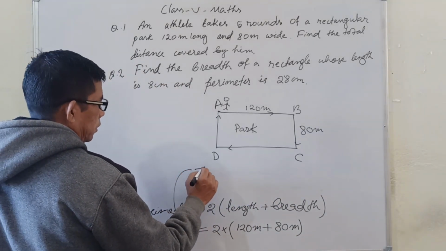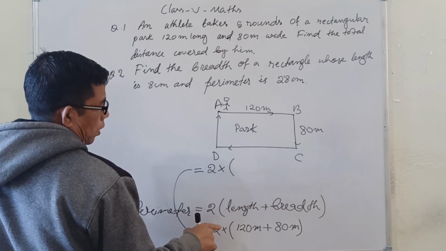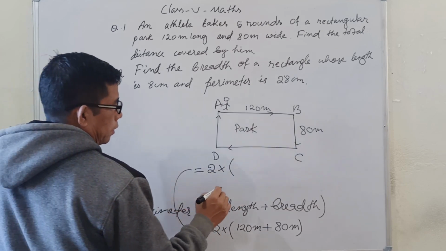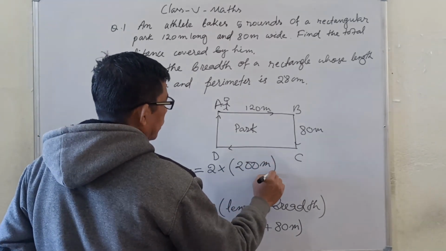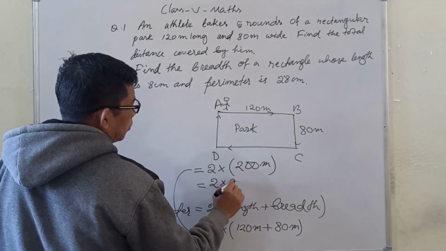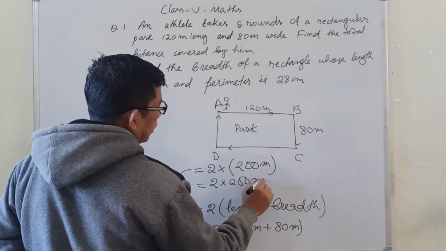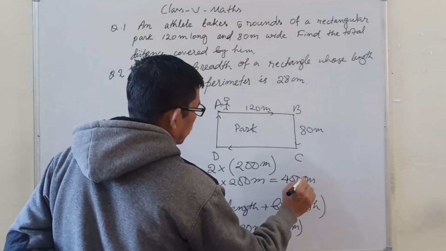Coming here, 2 into 120 plus 80, that is 200 meter. 2 into 200 meter is equal to 400 meter.